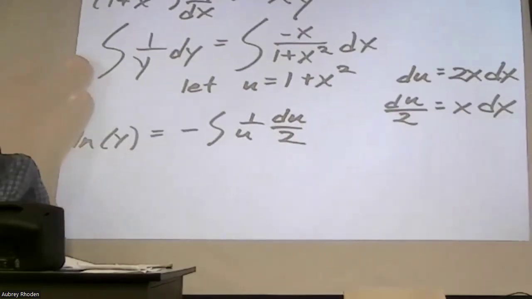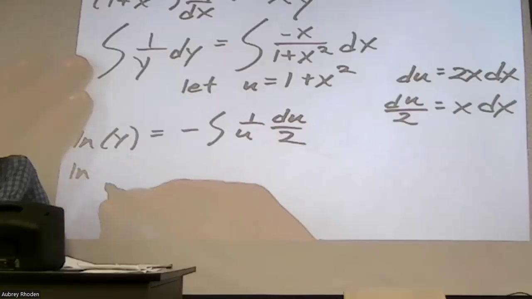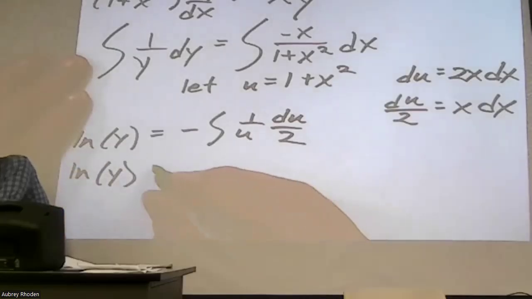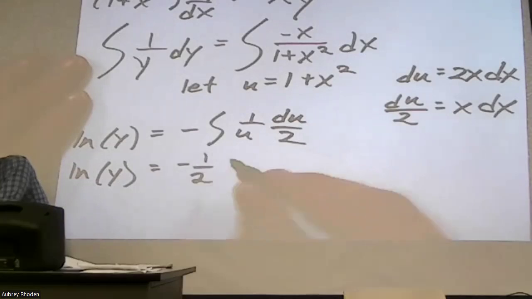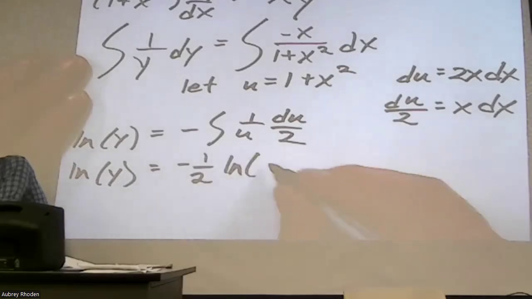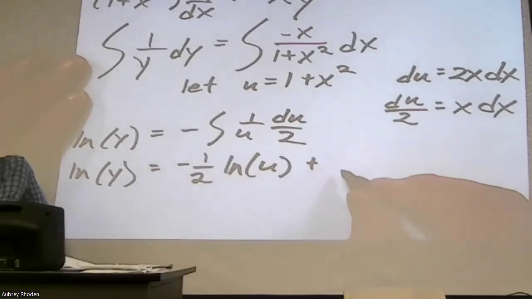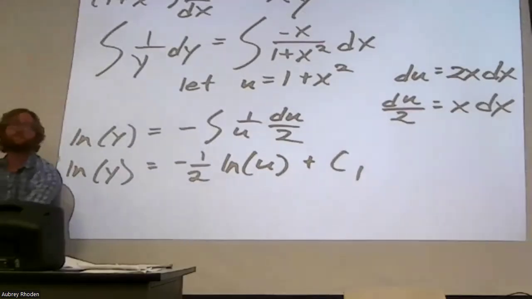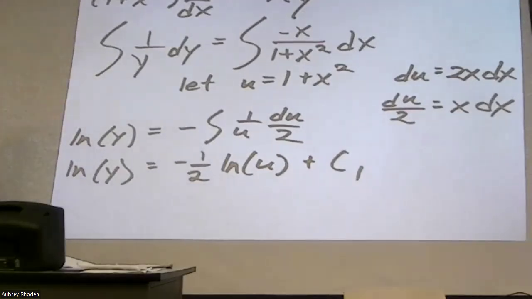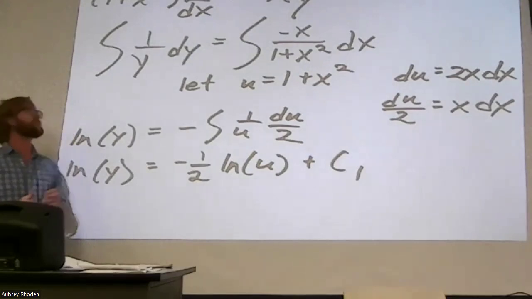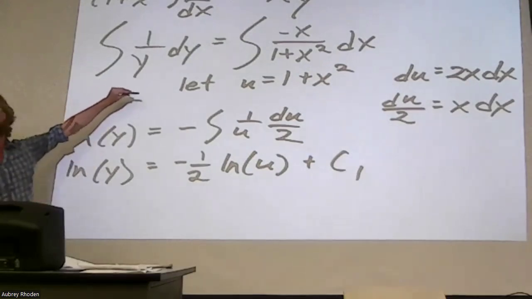So we end up with the natural log of y equals negative 1 divided by 2 times the natural log of u. But remember that our original substitution was that u equals 1 plus x squared.